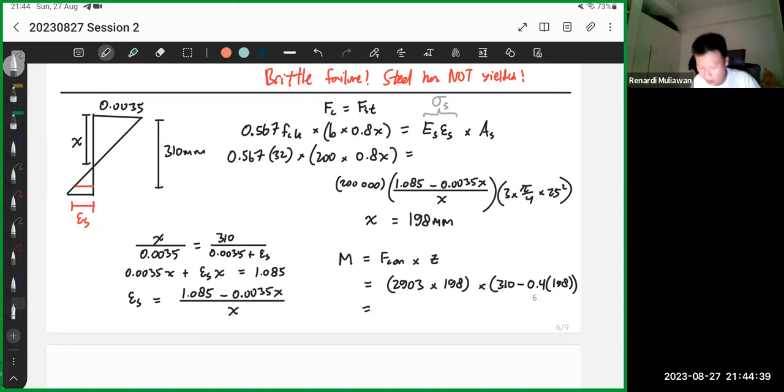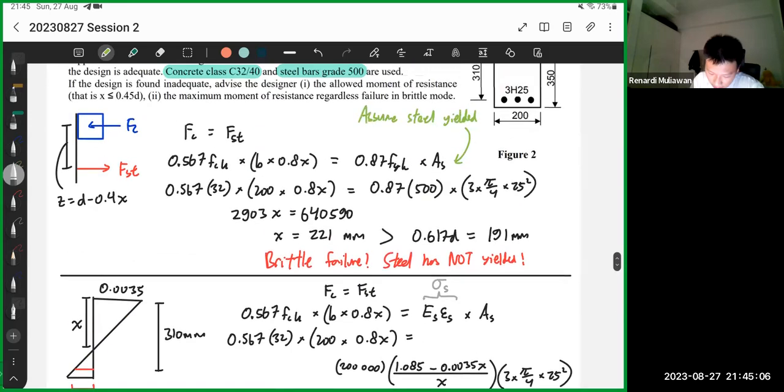So you will get 2903 times 198 times (310 minus 0.4 times 198), multiplied by 10 to the minus 6. You will get 132.7 kilonewton meters.